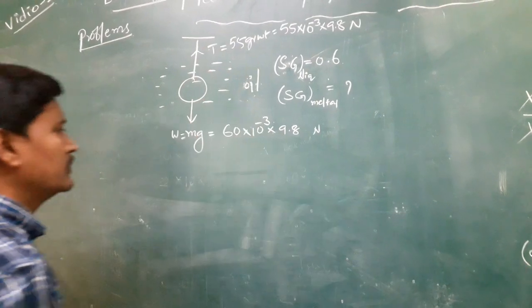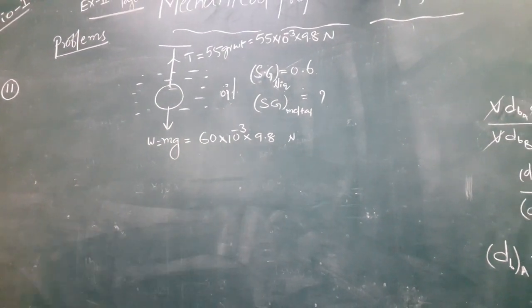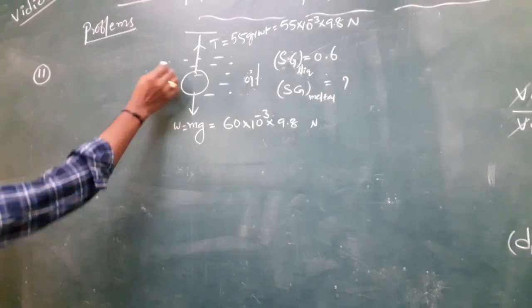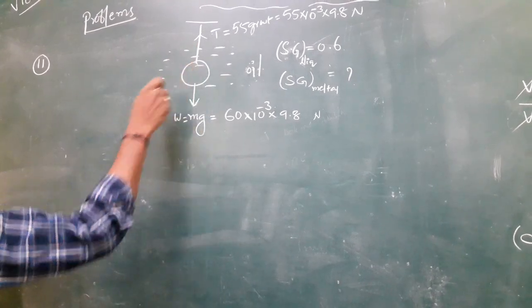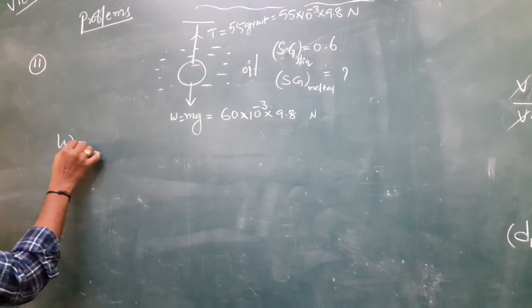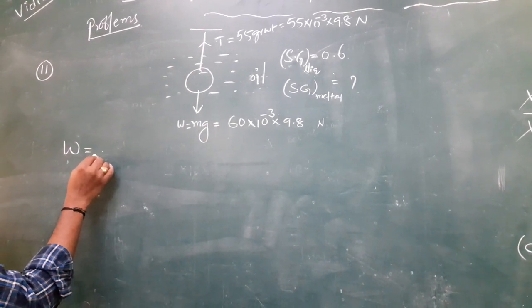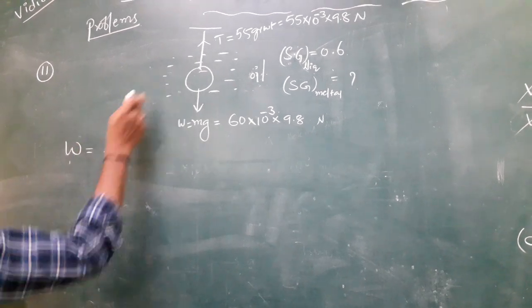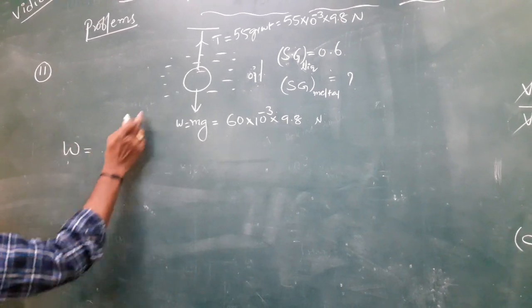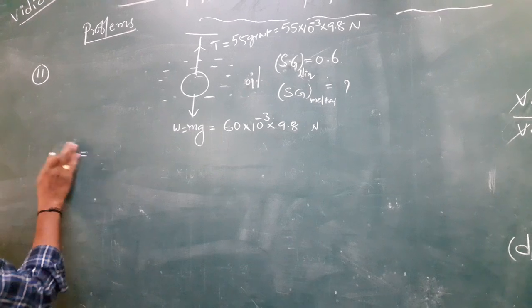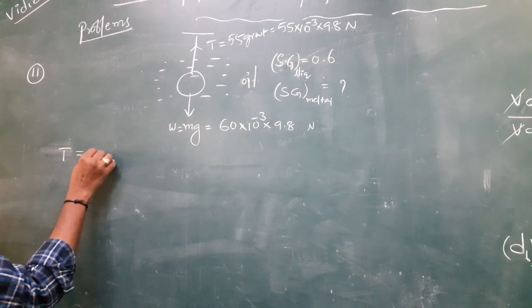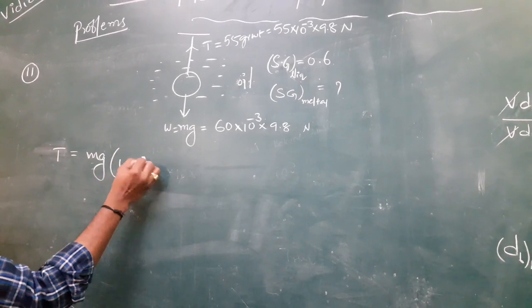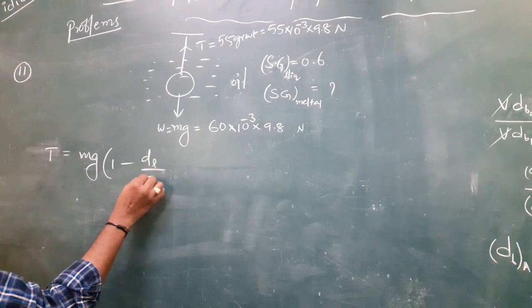Whenever a body is suspended inside the liquid, the apparent weight, that is the tension T, is equal to mg into 1 minus dl divided by dv.